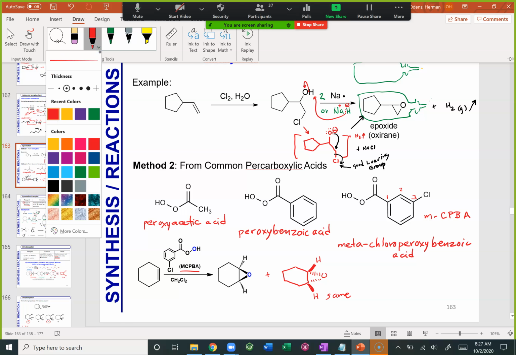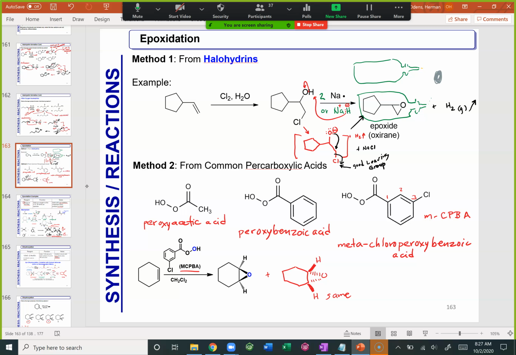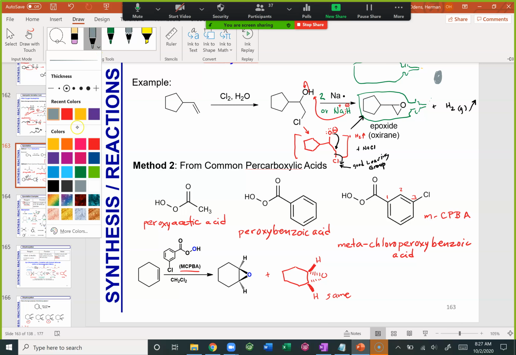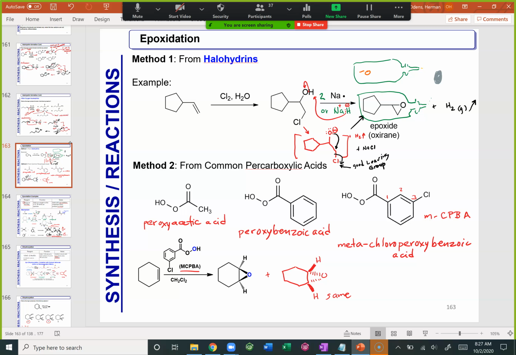Let's say your glue became gray. Now you have your glue ready. What you added was a nucleophile. This nucleophile, let's say you added something that had a charge. So let's say you added this.